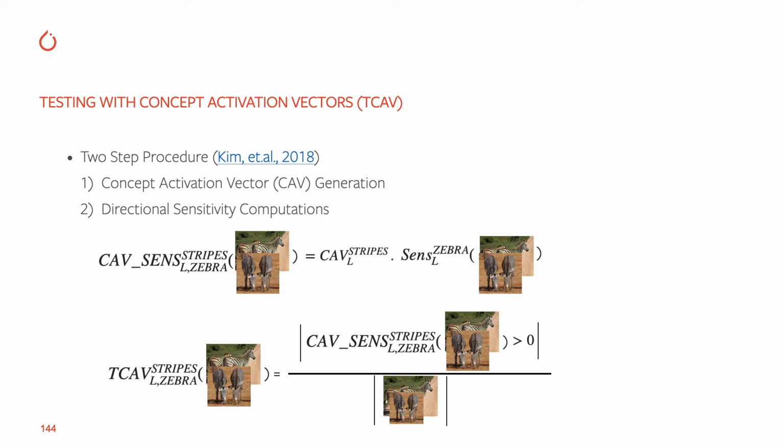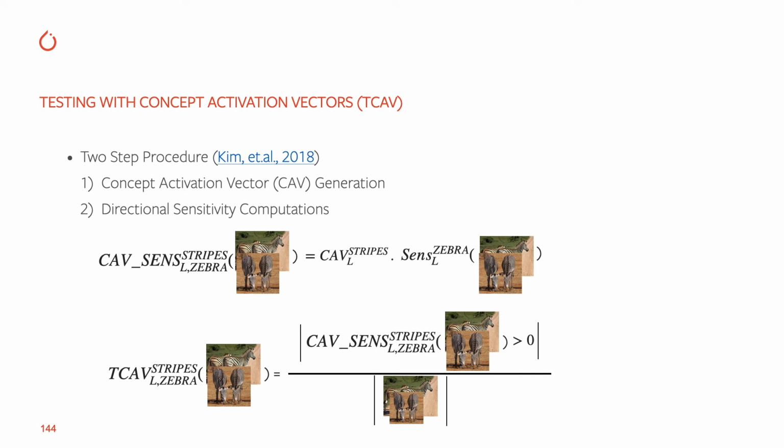In order to create one quantitative score and aggregate CAV_sense scores across all images, we divide the number of images with positive CAV_sense scores by the total number of zebra images.